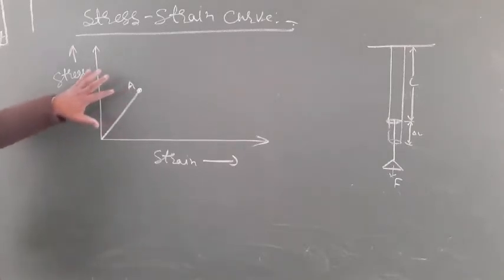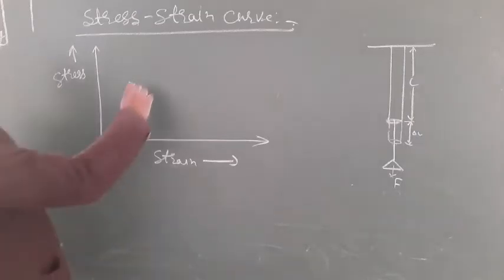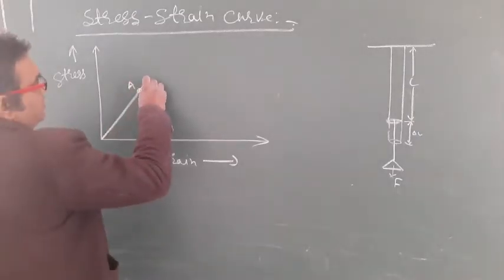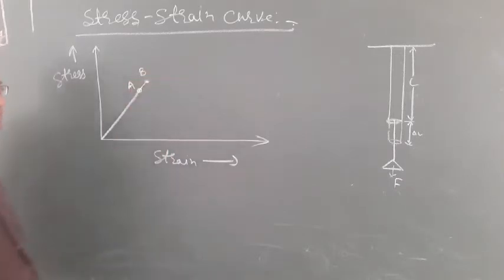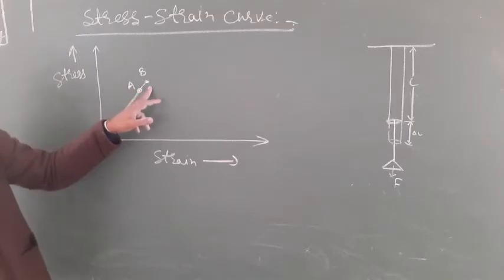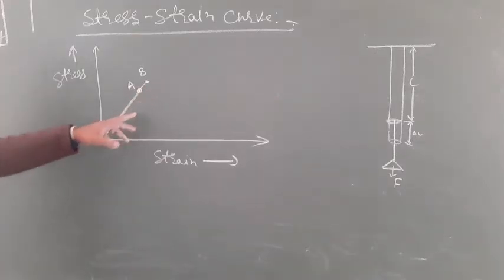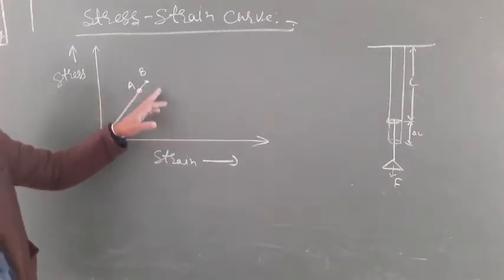And after that, for a certain value, that is point B, which is called the elastic limit or yield point, the body is compelled to obey Hooke's law because this is the elastic limit.